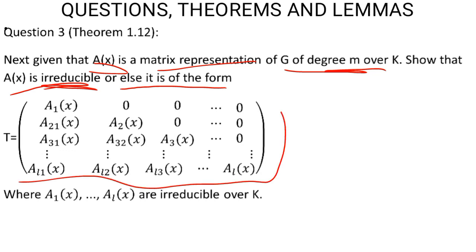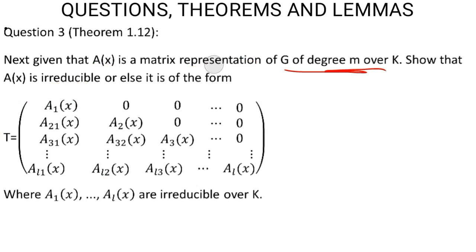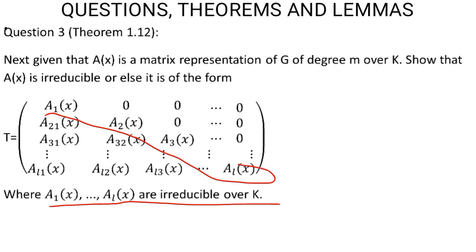So it's either irreducible or it will take this form. Okay, so what do we do? To be irreducible, the AIs will be irreducible over K. So that's all of the entries on your diagonal here. You can see them. They are irreducible.